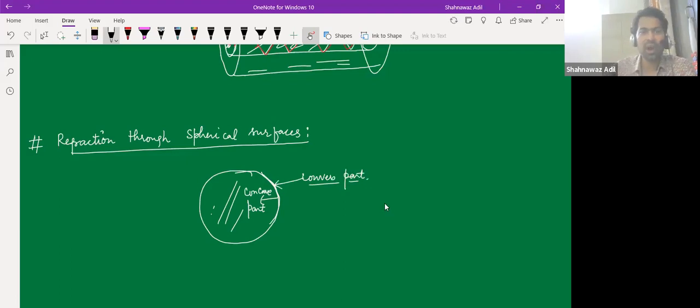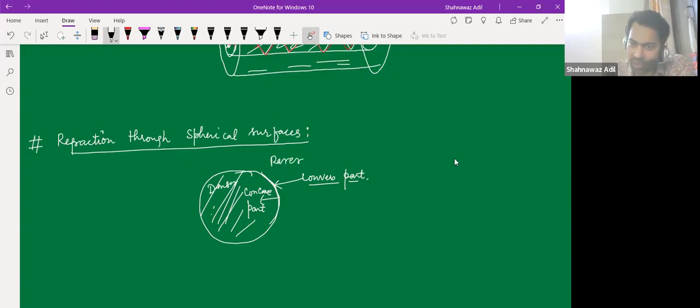Right? So how do we decide which part is the refracting surface? You should always remember that it is whatever part is in the rarer medium. So let's say this is some refracting surface, right? So this is denser and this is rare.